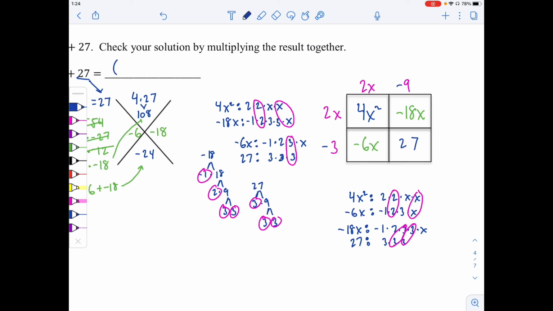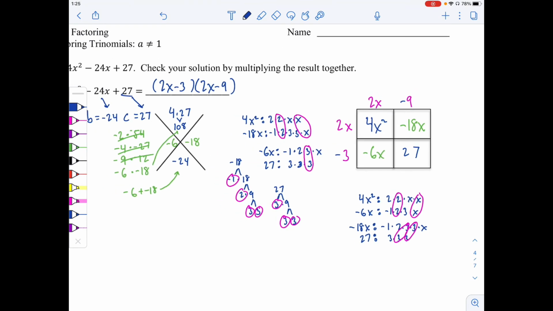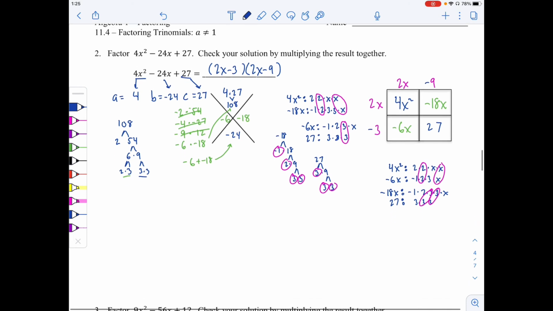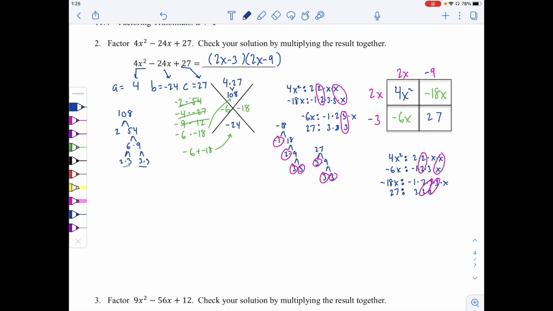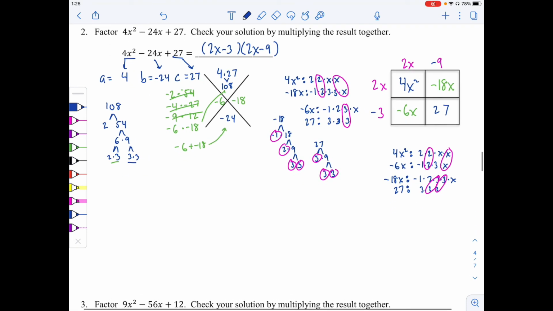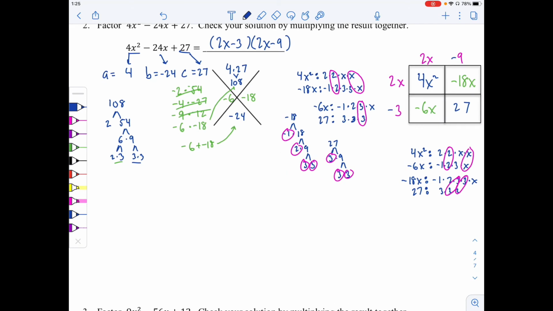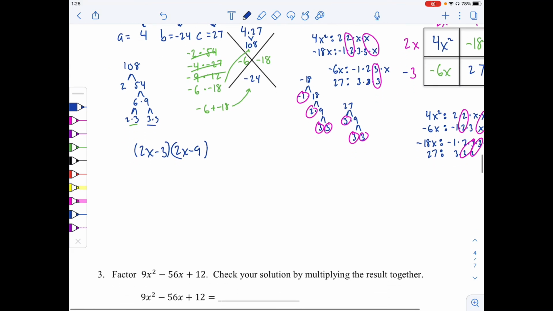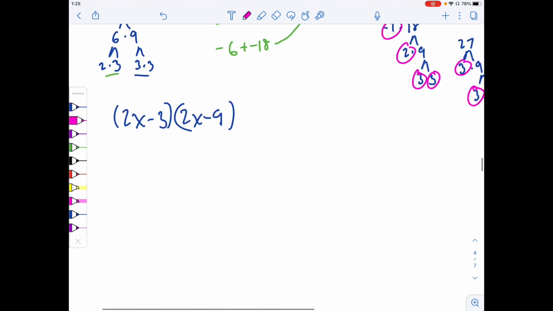So our solution is 2x minus 3, 2x minus 9. Then we're going to check our answer by multiplying. So 2x minus 3 times 2x minus 9. We're going to multiply that using FOIL, right?